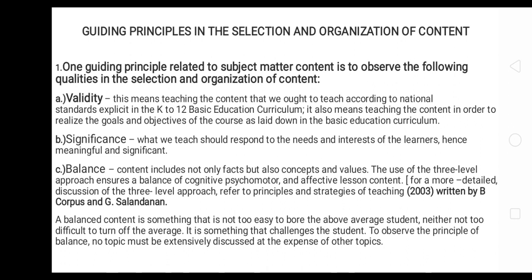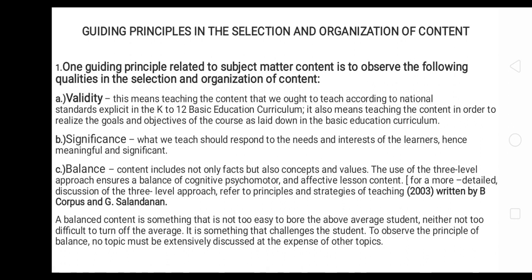So next, the significance. What we teach should respond to the needs and interests of the learners, hence meaningful and significant. So this means the subject matter or content is significant if it is selected and organized for the development of learning activities, skills, processes, and attitude.